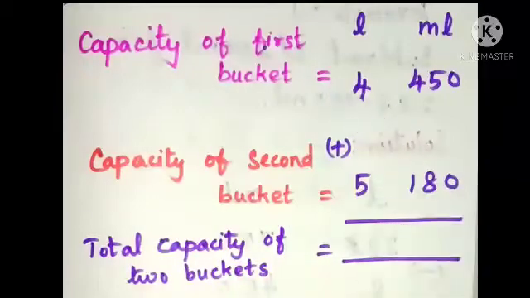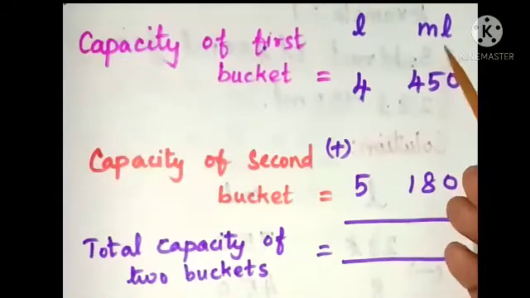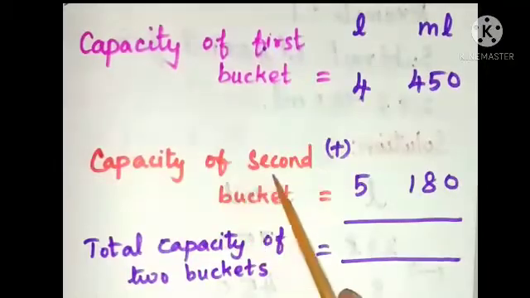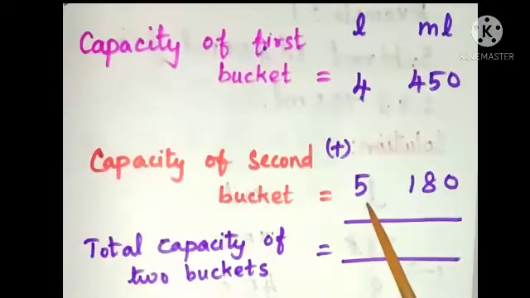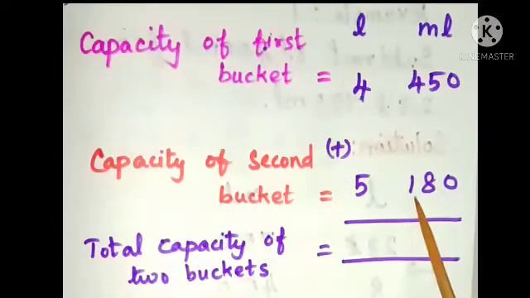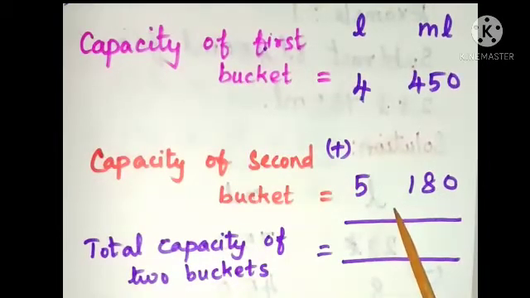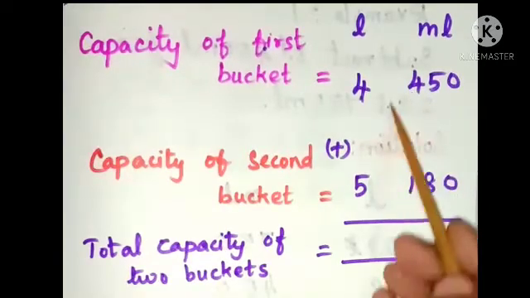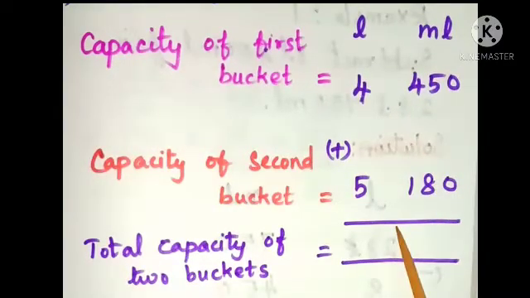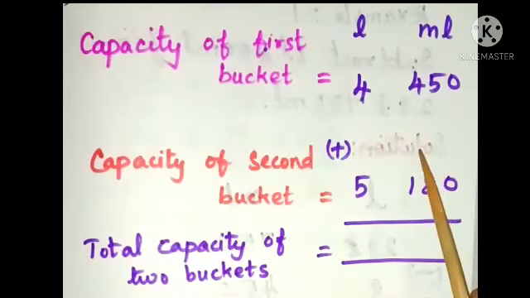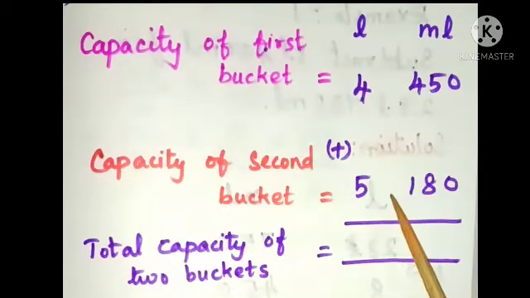Capacity of first bucket is 4 liters 450 milliliters. Capacity of second bucket is 5 liters and 180 milliliters. So to find the total capacity of 2 buckets, we have to add these two values. Adding capacity of first and second buckets, we get the total capacity of 2 buckets.